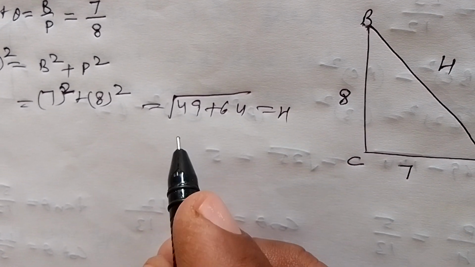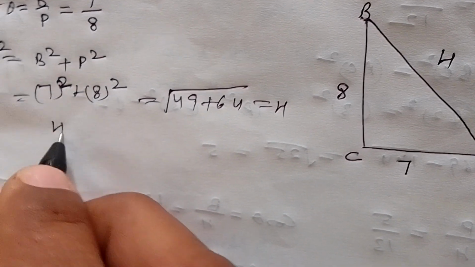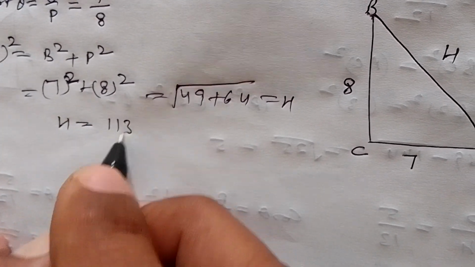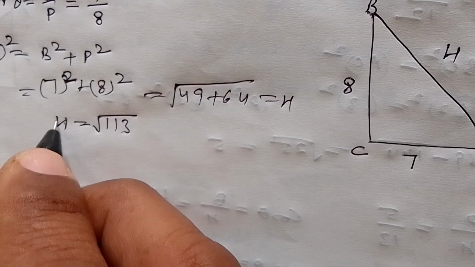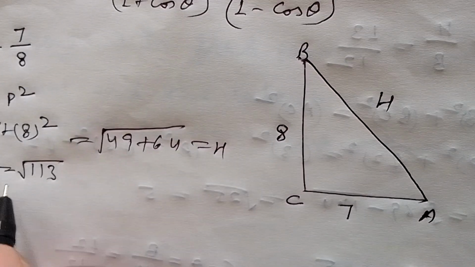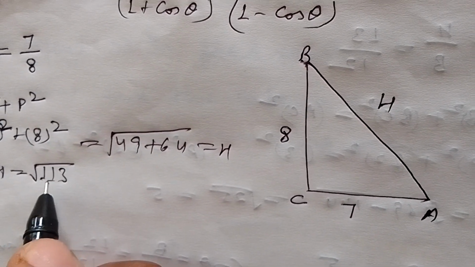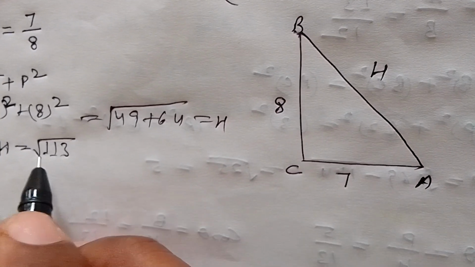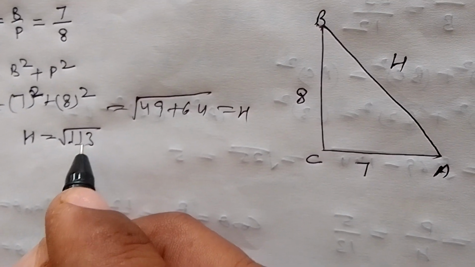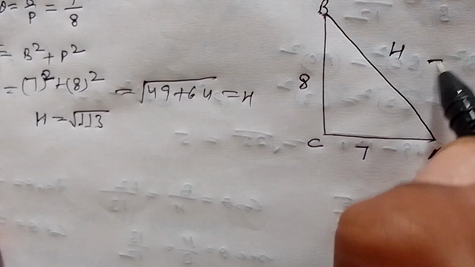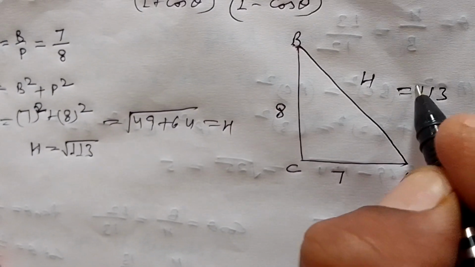So hypotenuse is equal to root 113. Since 113 cannot be simplified, we will keep it as root 113.